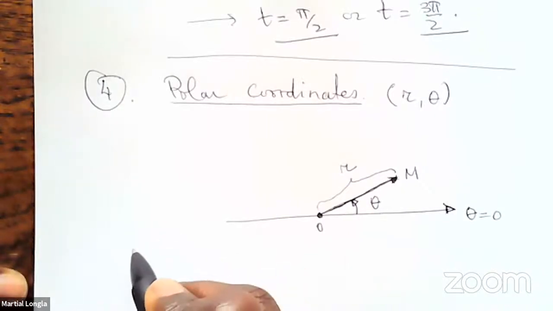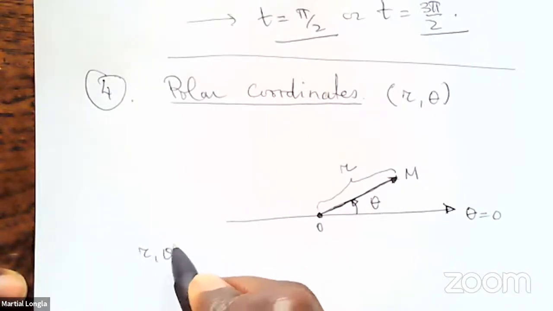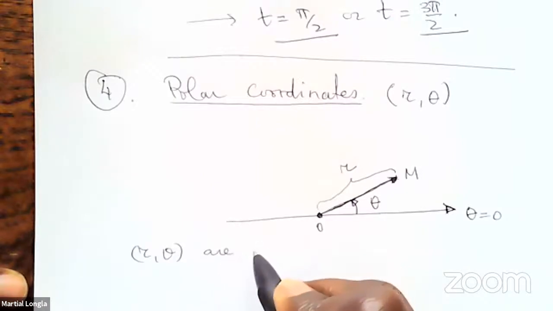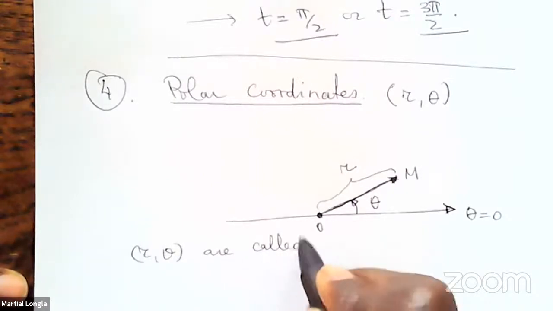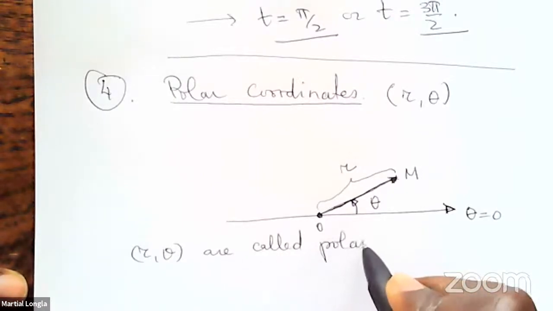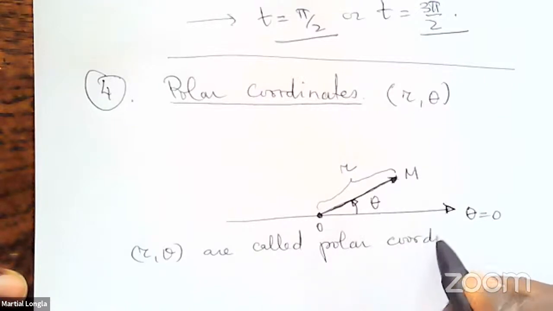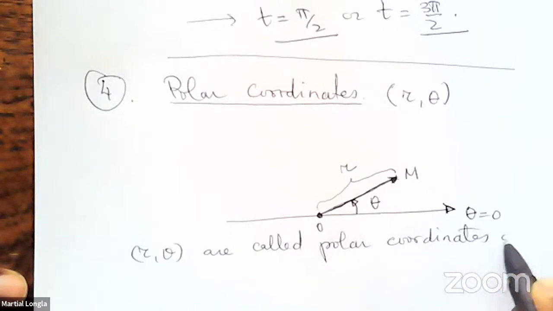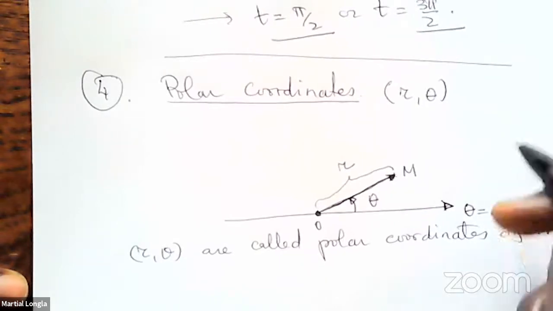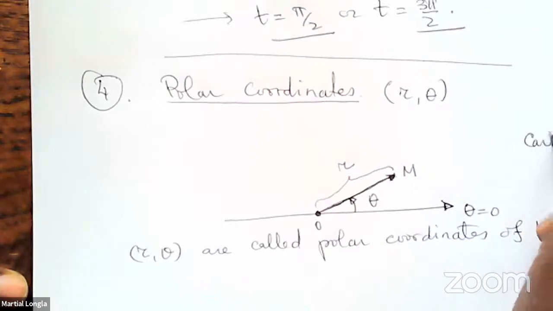So we say R, theta are called polar coordinates of the point M, which has coordinates x, y, and these x, y is what we call the Cartesian coordinates.